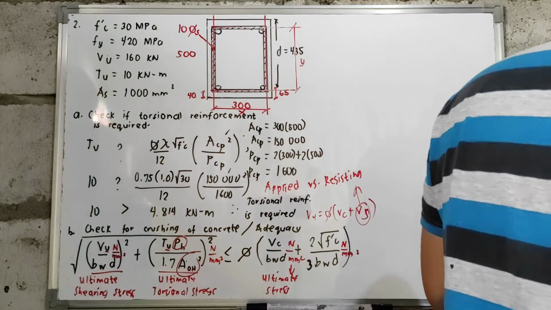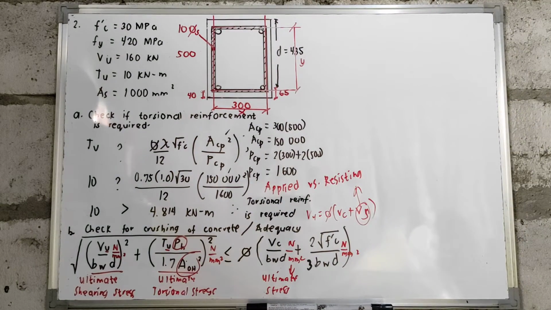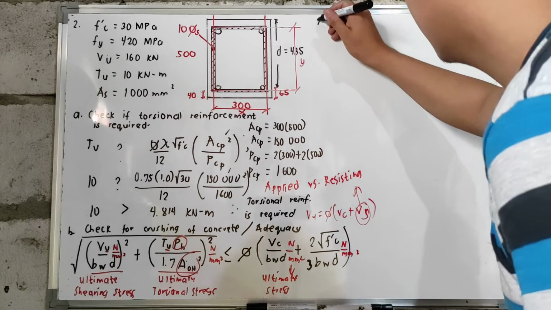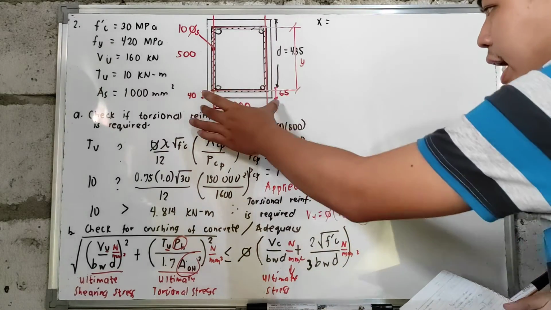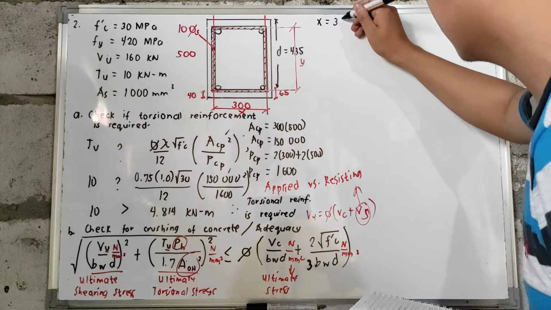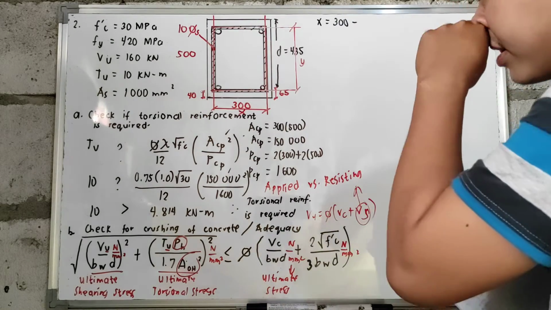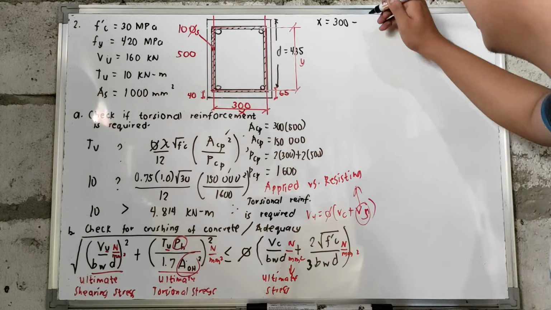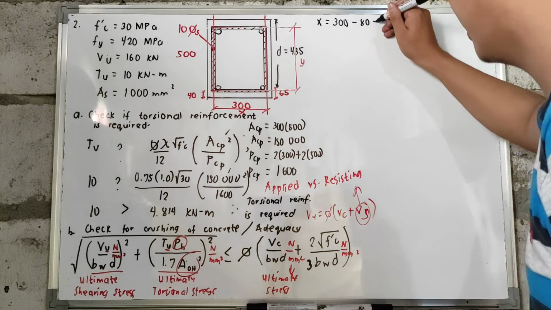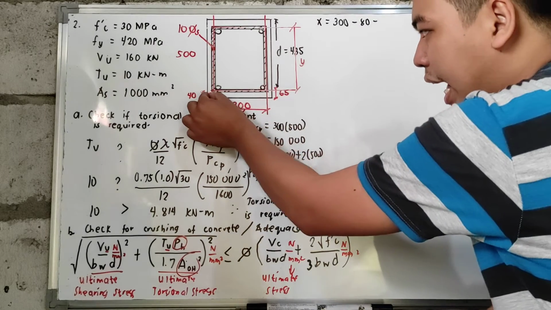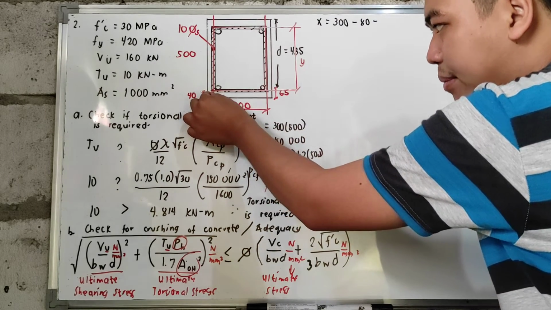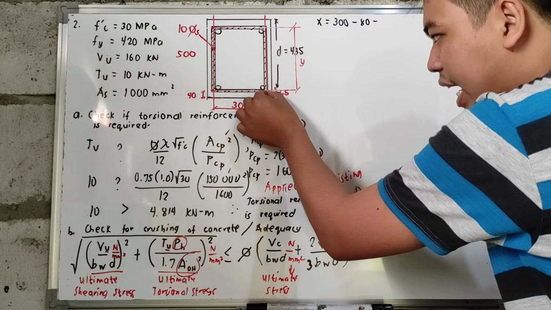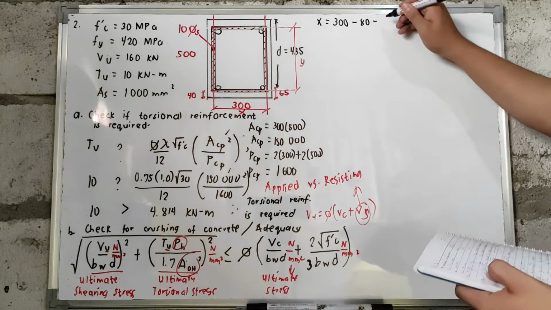Sir, paano po natin yan kukunin? So, the value of your x, simple lang naman yan. So, that is yung kabuuan natin, which is 300, minus, meron tayong clear concrete cover na 40 sa kabila, 40 dun sa kabila. So, you have 80. Minus, dito meron tayong kalahati ng stirrups, that is 5. Tapos dun sa kabila din, kalahati ng stirrups na 5. So, minus 10.